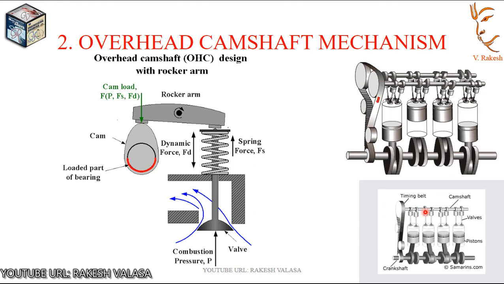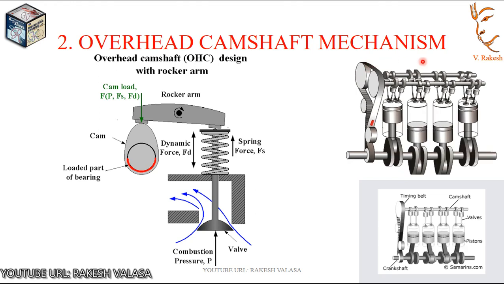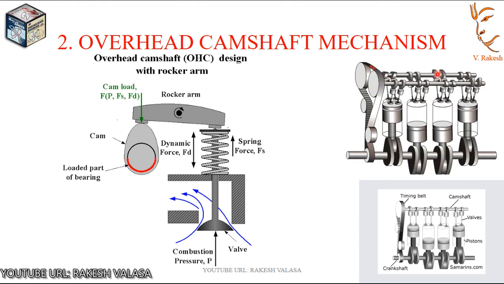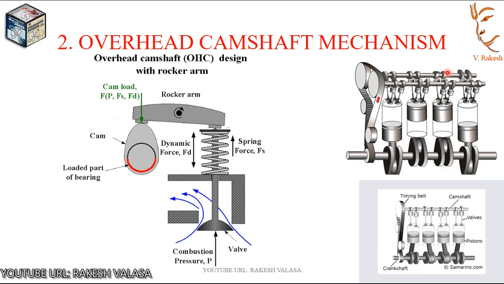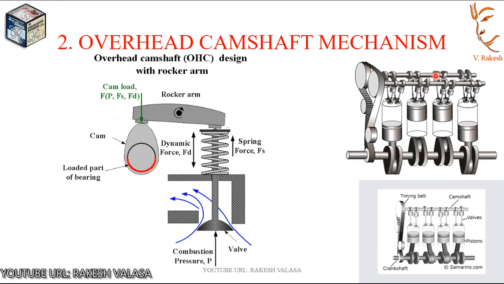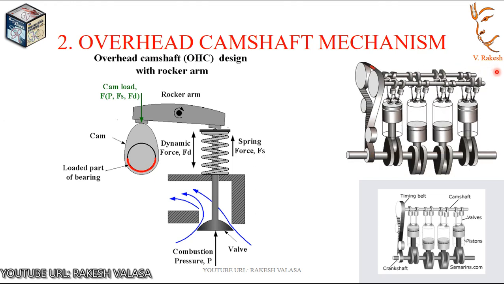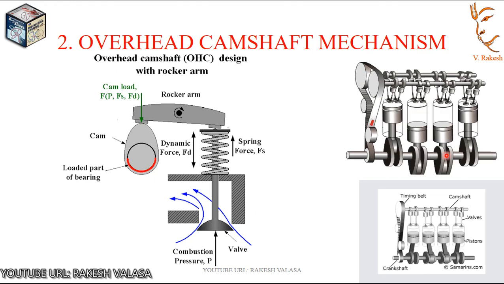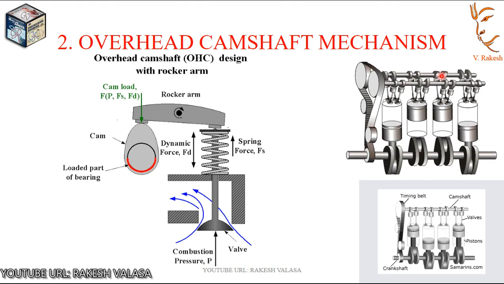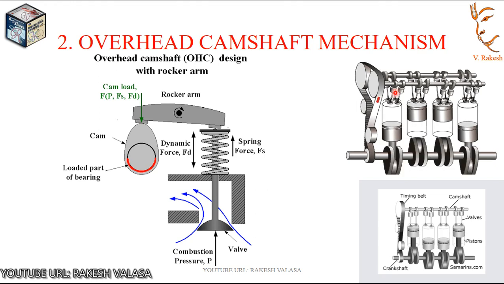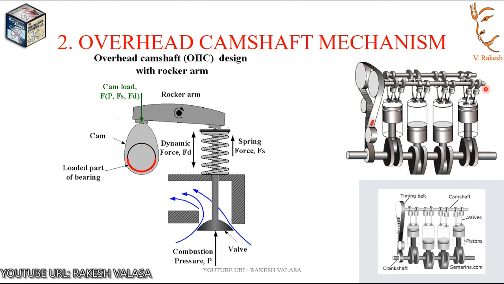In the past few years, to increase engine output, some engines have two camshafts. See this figure, this figure having two camshafts, giving double overhead camshaft. Short form is DOHC. One camshaft operates the intake valves and the other camshaft operates the exhaust valves.